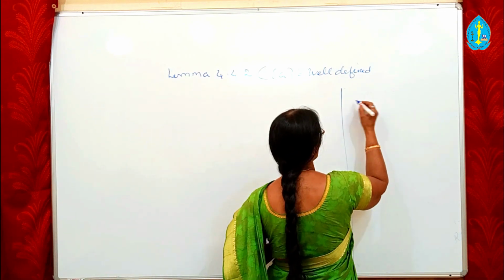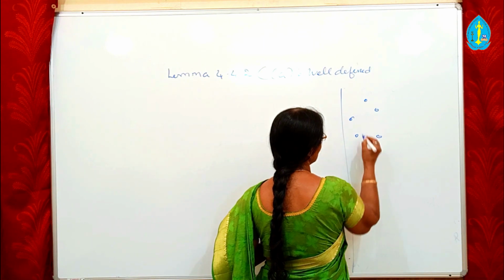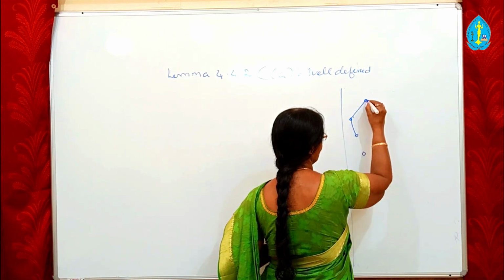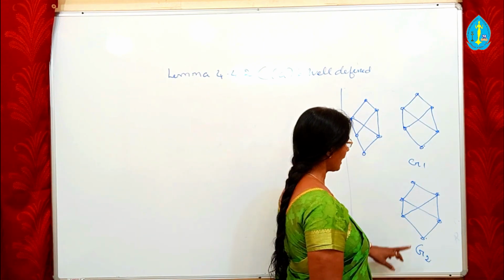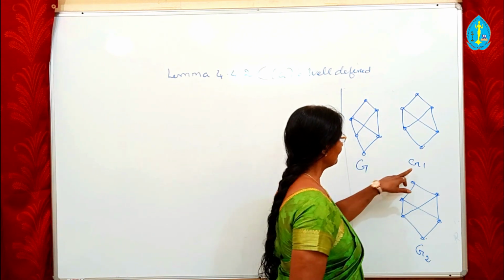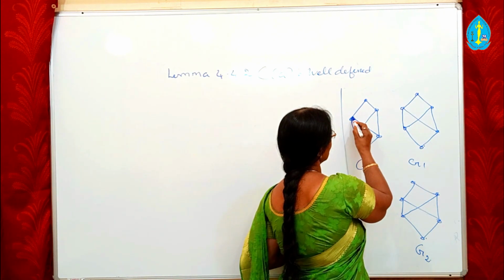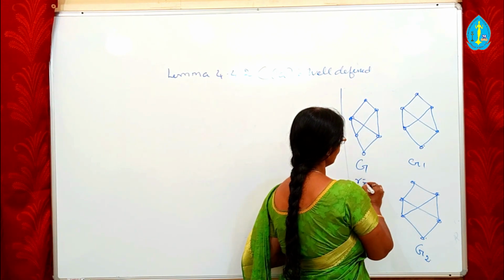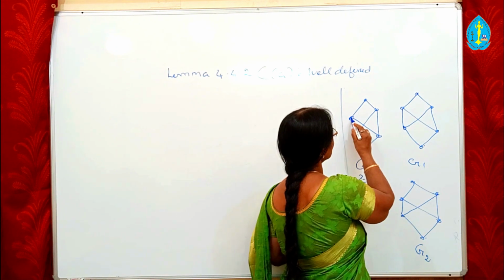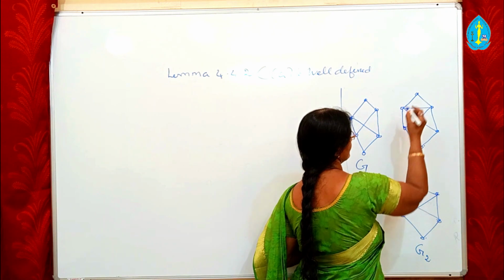Before proving this lemma, we consider one example. Now we construct G1 and G2, that is, the closure of G. First we consider G1 from G. Here the number of vertices gamma equals 6. Here 3 plus 3 is 6, so I have joined this edge.